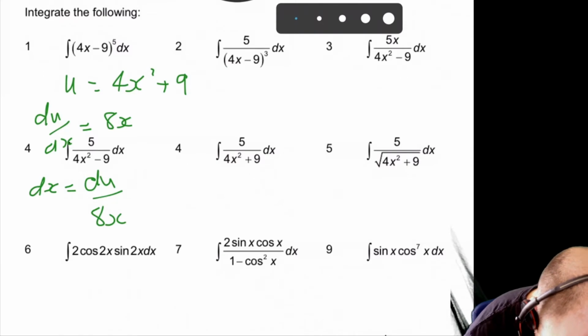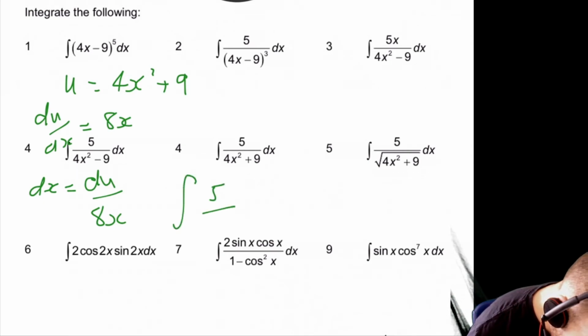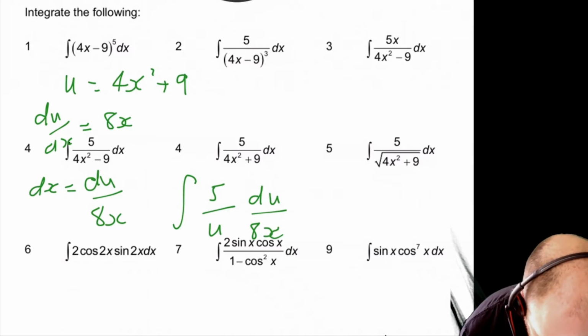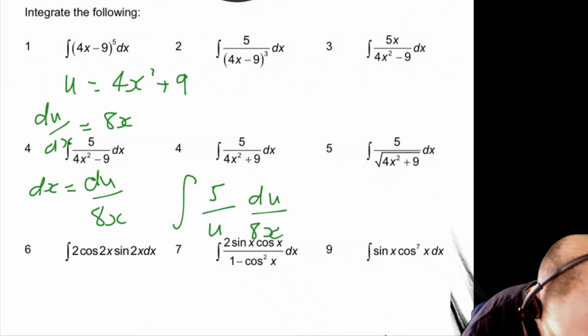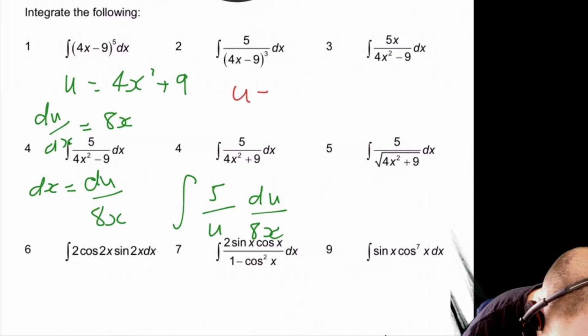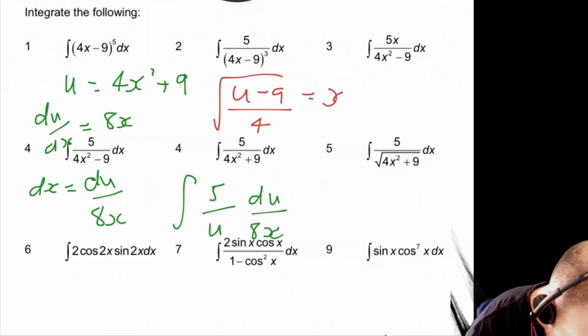Anyway, we'll see what happens. So we're going to get the integral of 5 over u du over 8x. Well, we need to rearrange to get x: (u - 9)/4 equals x squared.